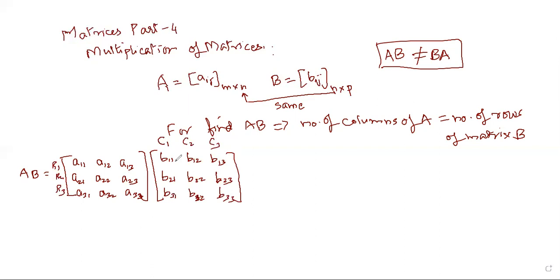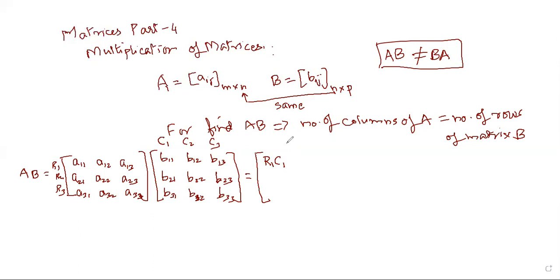So the first row of the first matrix will be multiplied, and I will tell you how. The first row will be multiplied with the first column. And what will be the multiplication type? It will be the sum of the product of their corresponding elements.